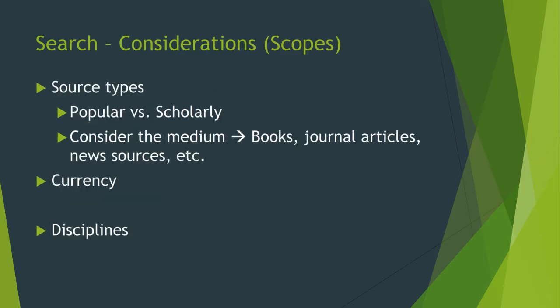Some other things to consider in relation to search are the scopes of your research questions and or topics at this point. So you want to think about what source types are going to be appropriate for your research. So thinking about the difference between popular and scholarly sources. Popular sources like newspapers and magazines will often help with coming up with examples of things that are going on surrounding your topic.